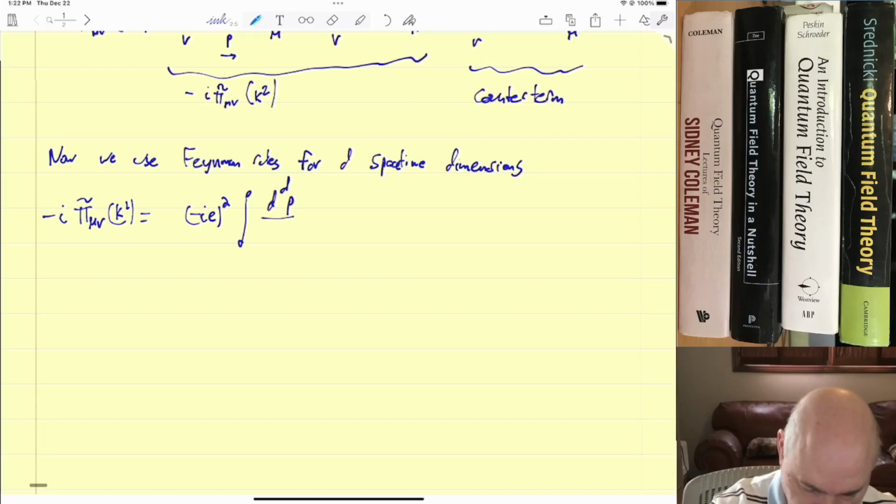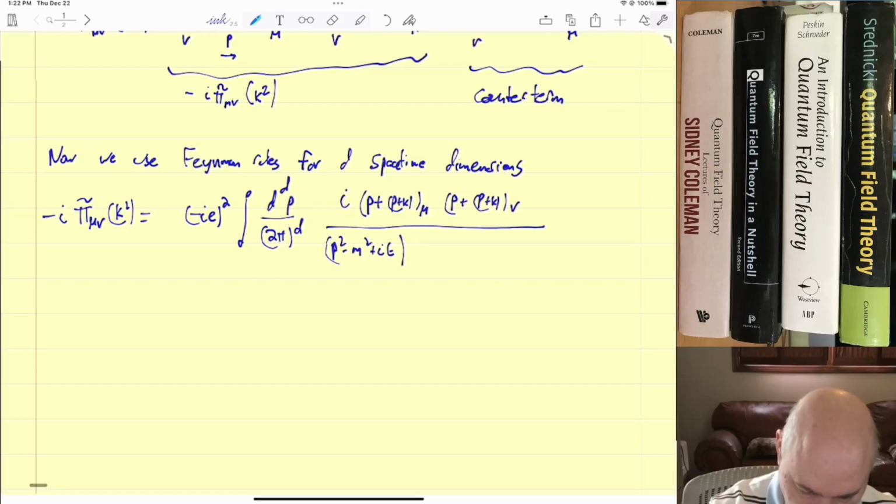The integral d^d p over 2 pi to the d, with i squared from the scalar propagators, p plus k mu, p plus k nu, divided by p squared minus m squared plus i epsilon times p plus k squared minus m squared plus i epsilon.